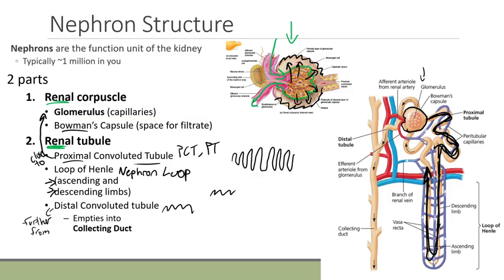We have the proximal convoluted tubule that leads into a nephron loop, and then the distal or the further tubule. Same thing like the proximal tubule, you can call it just the distal tubule, or just DT, totally A-okay. That distal tubule, though, drains into a structure known as the collecting duct, sometimes also just abbreviated as CD.